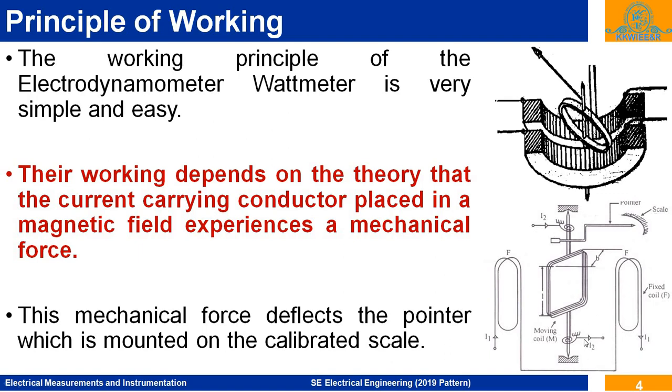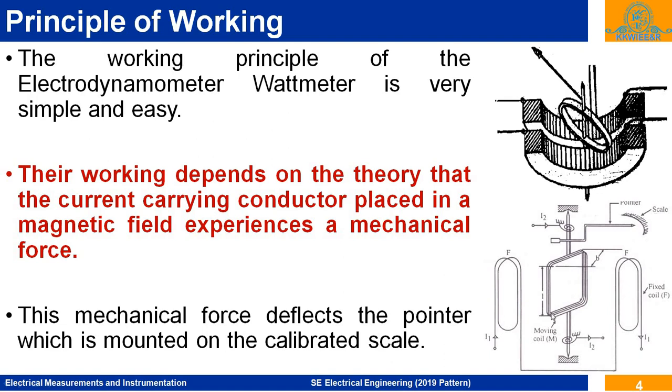This current carrying conductor is placed in this fixed coil, which is divided into two parts. This coil will generate the magnetic field, and the current is flowing through this moving coil. So this conductor is placed between these two fixed coils.